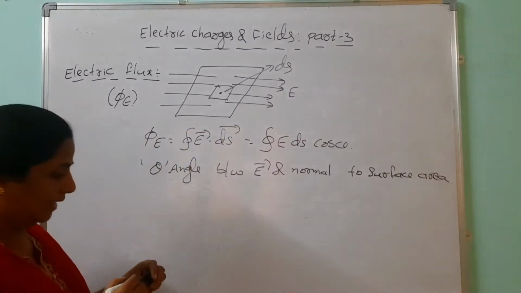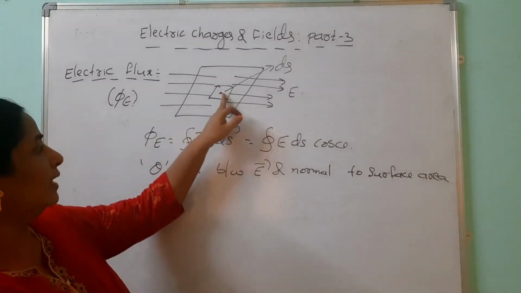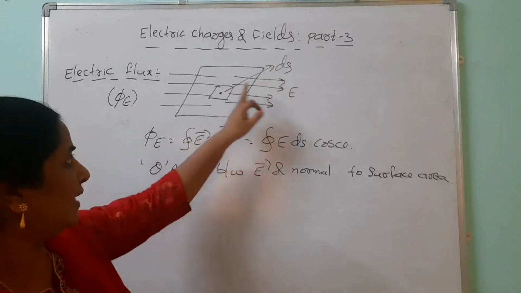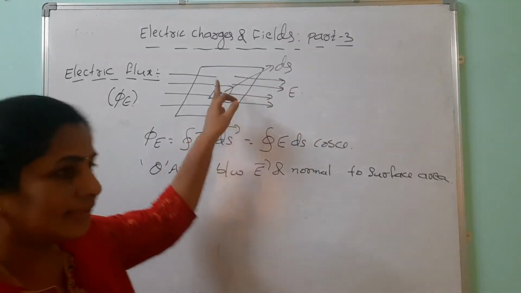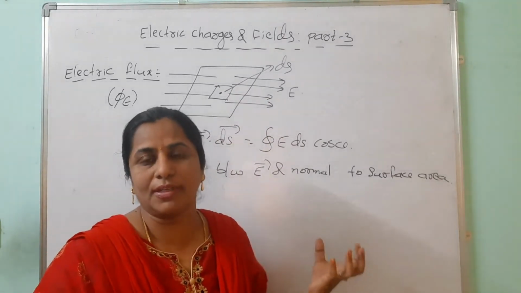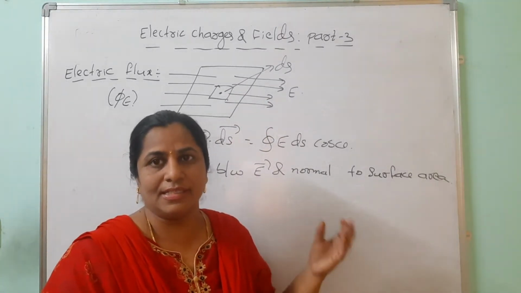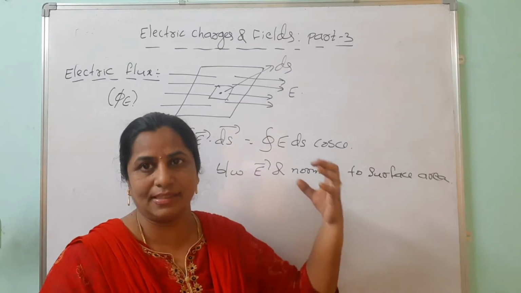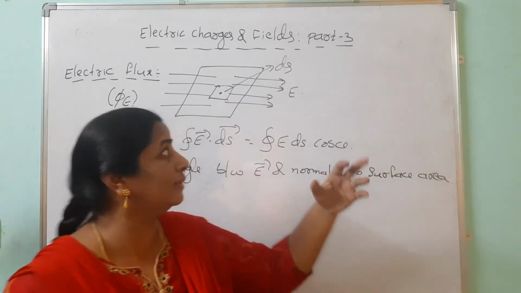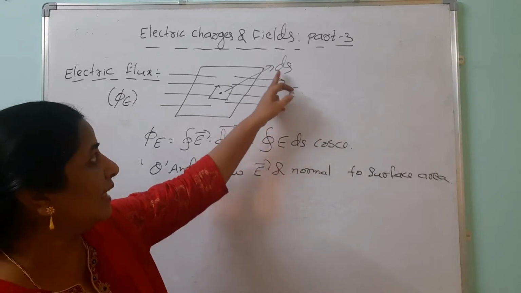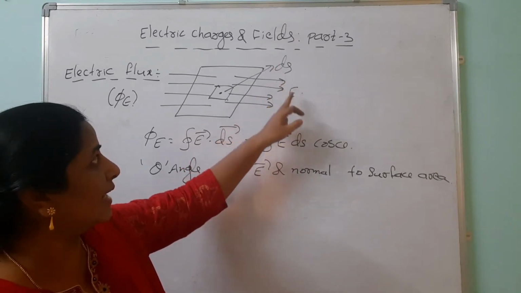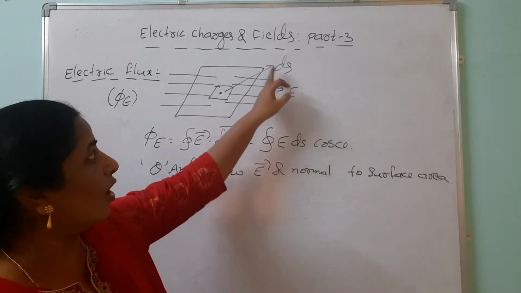Suppose E is the intensity of electric field, and theta is measured with the normal to that surface area. Don't consider the angle between E and ds; we must consider the angle between E and the normal to ds.